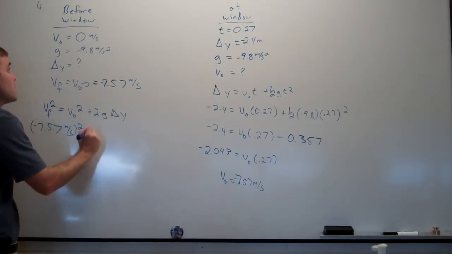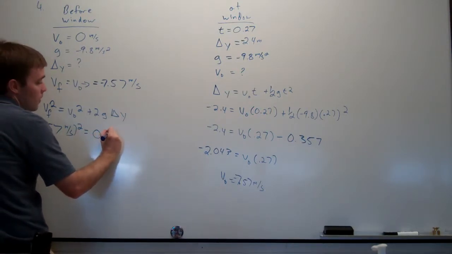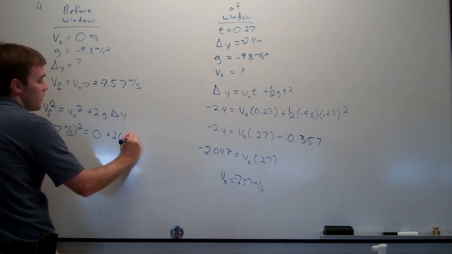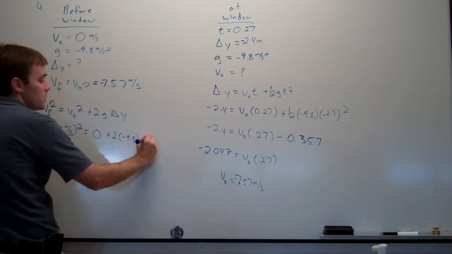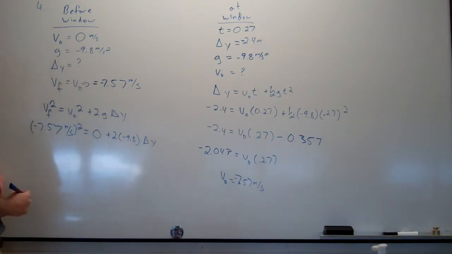Negative 7.57 squared equals 0 plus 2 times negative 9.8 times delta y. What we're finding here is how far it actually fell, so we're going to get a negative number, and it's just going to be equal to how high the window is.